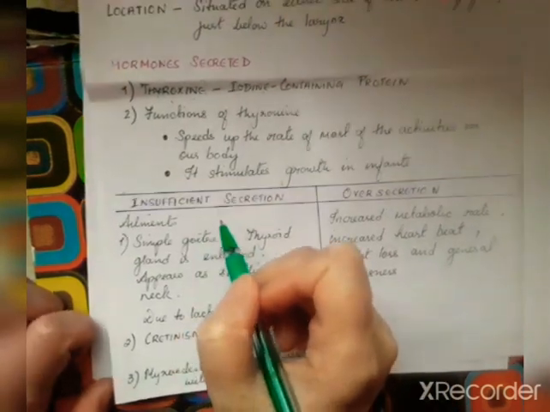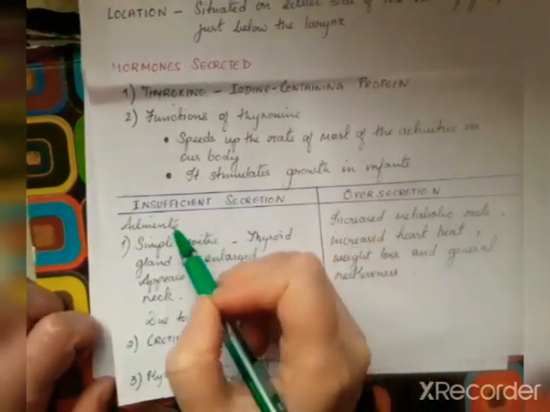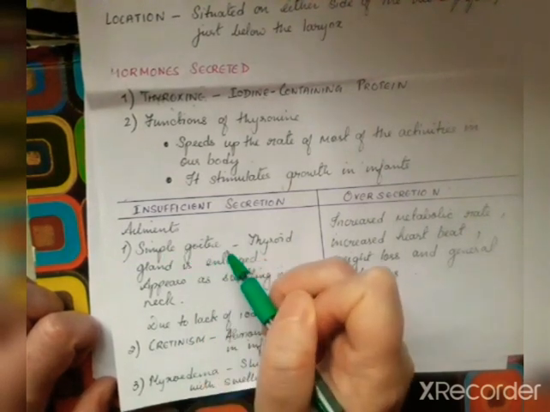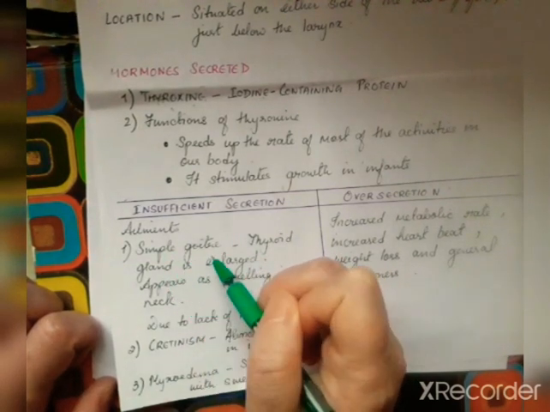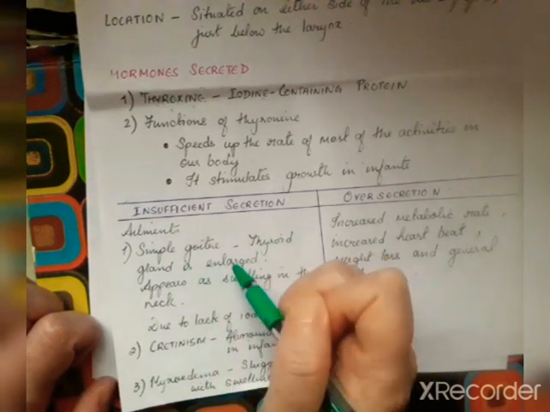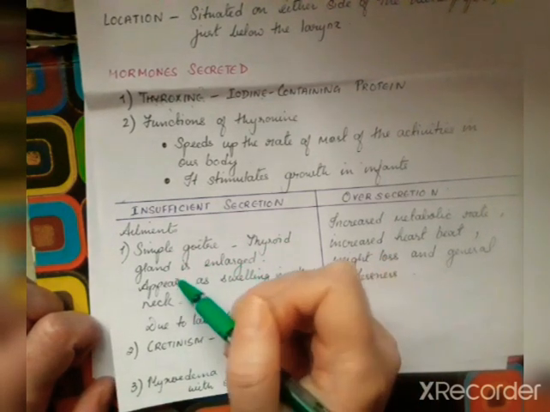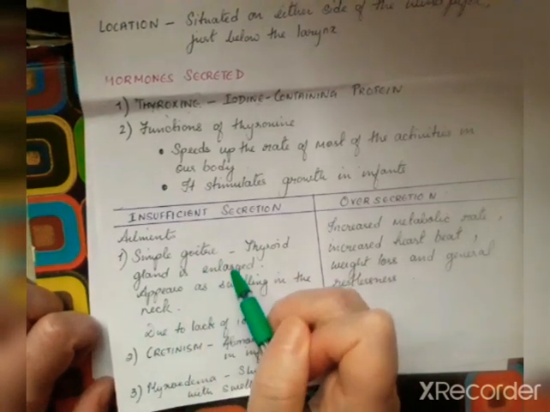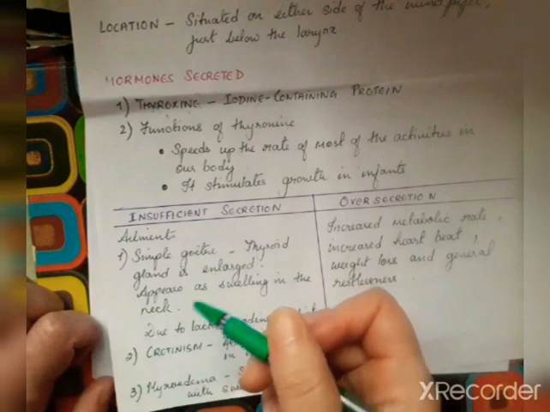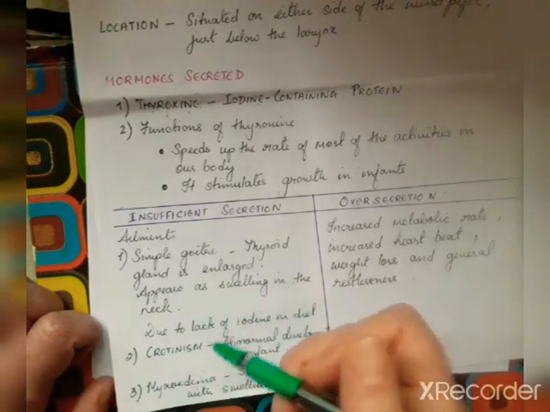Then a person suffers from these kinds of ailments. Number one, simple goiter. It is an ailment where your thyroid gland is enlarged. It becomes very big, and it can even appear from the outside as a swelling in the neck.